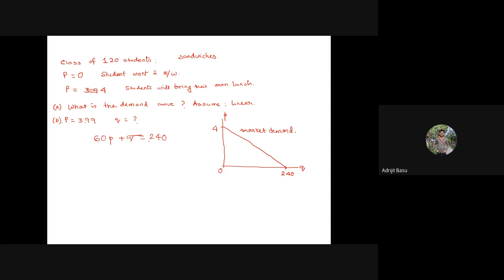Sir, I did it in the way P by 4 plus Q by 240 equal to 1 in the intercept form, then I simplified it. Okay. Just hold on for a minute, please.